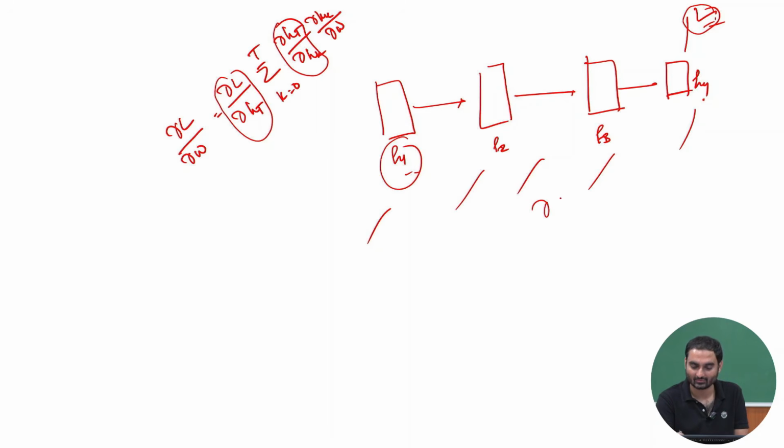Each of these derivatives, which looks like dh_k/dh_(k-1), is essentially a culprit.